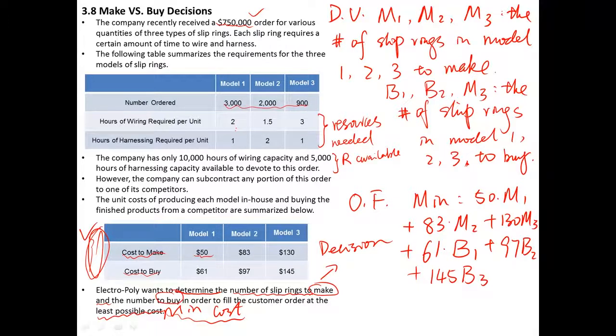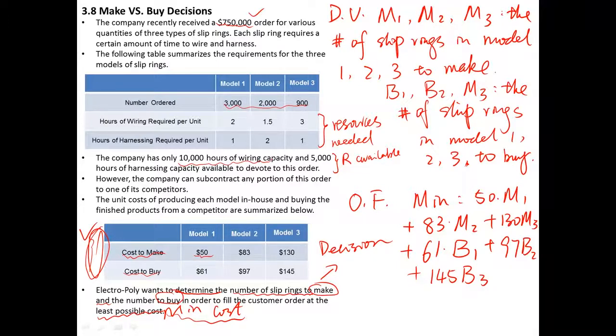Then let's look at this table. These two should be very familiar to you now, in regard to how to write the constraint out based on these. Okay, and here I'd like you to write the constraint yourself first. So write the constraint for the number of hours of wiring needed to make model 1, 2, 3 should be less than or equal to the amount of total wiring hours.